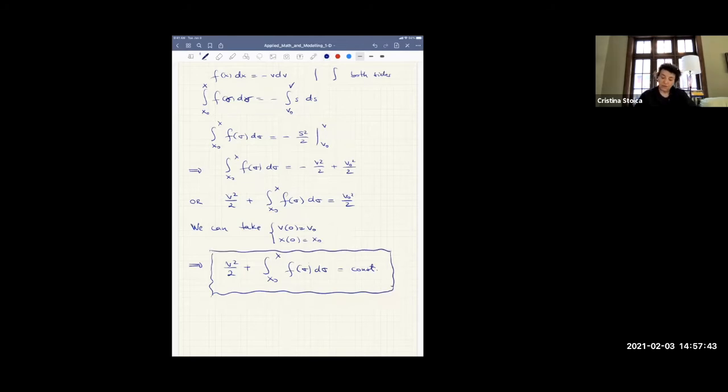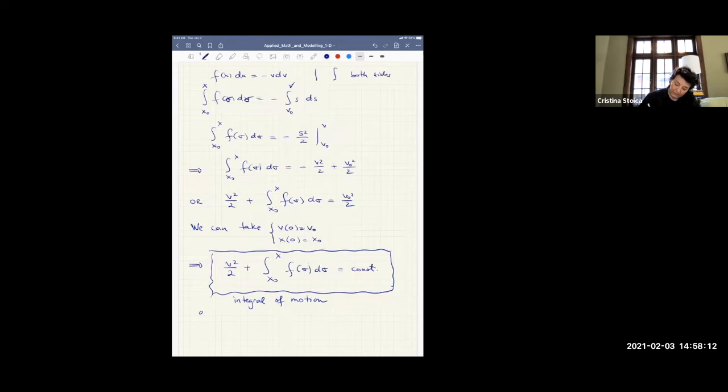And this is nothing else, in truth, but the energy conservation that last time we discussed, like I came with it from my pocket. So in this case, we kind of deduce it. So this is an integral of motion, as we called it last time.